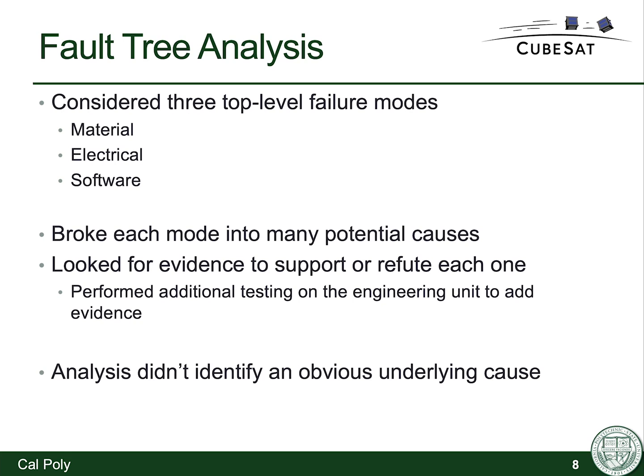Each one of these high-level modes was broken down into many potential causes, and we went through and systematically discussed evidence that we had from tests on the flight unit, from tests on the engineering unit, from analysis of the circuits and analysis of the structures. We looked at all that evidence to try to decide if a particular potential cause was likely or unlikely to have caused the overall anomaly.